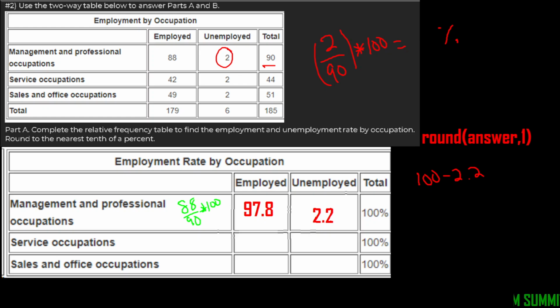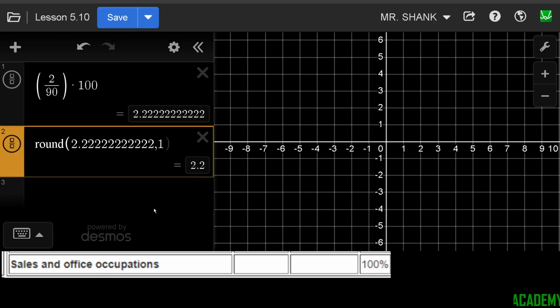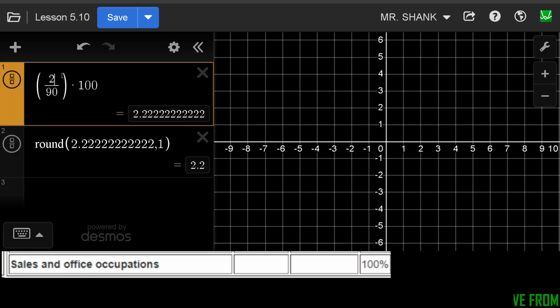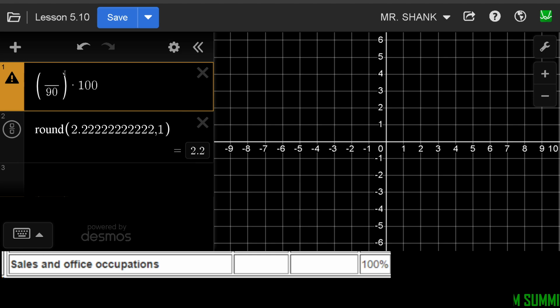Same idea for the service occupations. Let's do service occupations employed. Let me pull up my Desmos again. In my calculator, I have the same denominator because I'm still at a 90, and I'm going to say service occupations is 42.